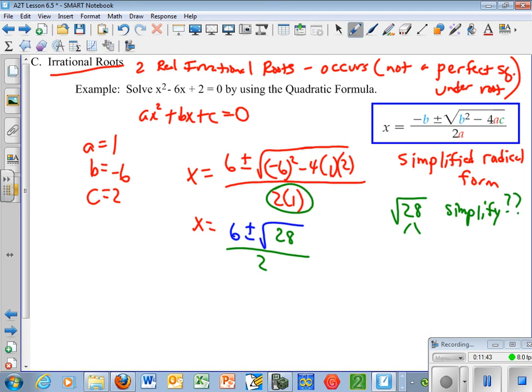Is there perfect square factors? If you think about your perfect squares that we talked about and reviewed in chapter 5, 4 goes into it 7 times. The square root of 4 is 2. So it's 2 square root 7. So this really becomes 6 plus or minus 2 square root 7 all over 2.